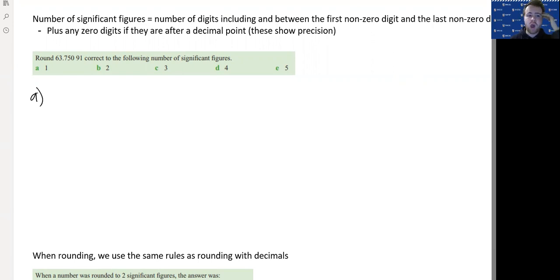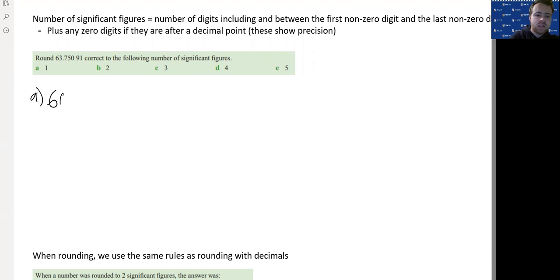So when we're rounding to one significant figure, okay, I look at that first non-zero digit, which is a 6, and then I look at the next one on the right, which is a 3, which means I don't have to change the 6 to a 7. I leave it as it is, and then I need to show any zeros that are needed for place value.